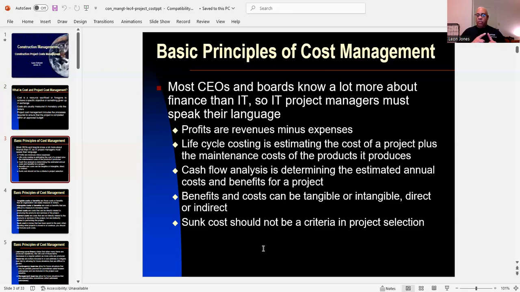Now, benefits and costs can be tangible or intangible, direct or indirect. Then we have what we call a sunk cost. And a sunk cost should not be a criteria in project selection.